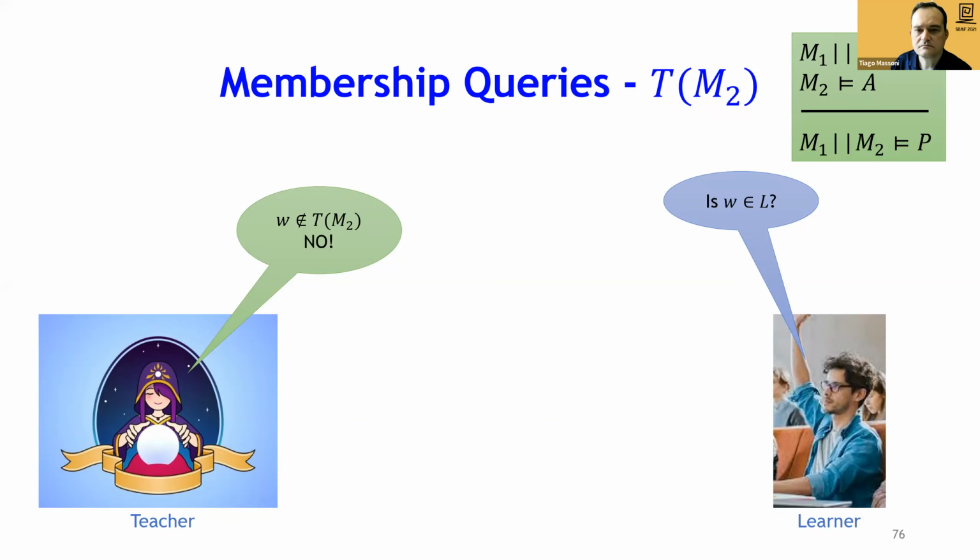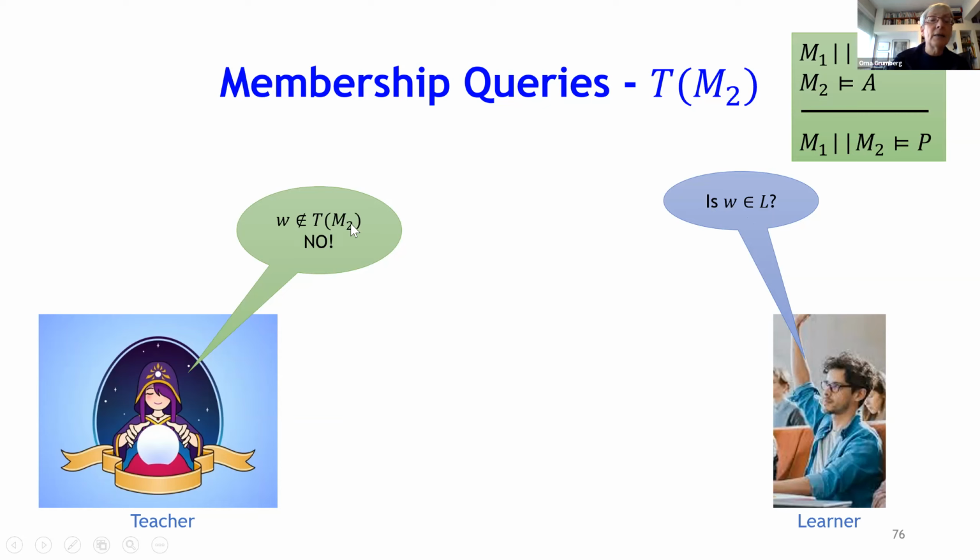Yeah, let's continue. So the learner asks whether a certain word, a sequence of assignments, constraints, and communication actions, is in the unknown language L, and the teacher does the following.